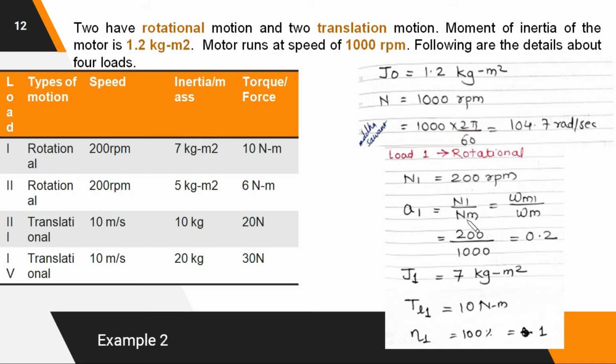So rpm will get cancelled, and you will get a1 as 0.2. J1 is nothing but 7 kg meter square. TL1 is 10 Newton meter, and efficiency is not mentioned anywhere, so we will consider it as 100% efficiency. So eta1 will be equal to 1.